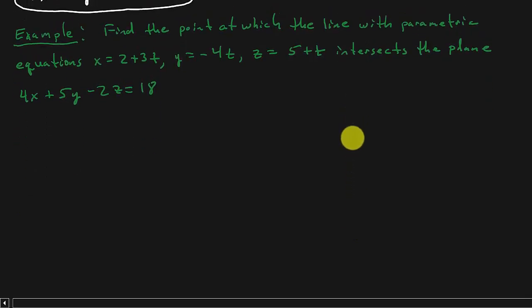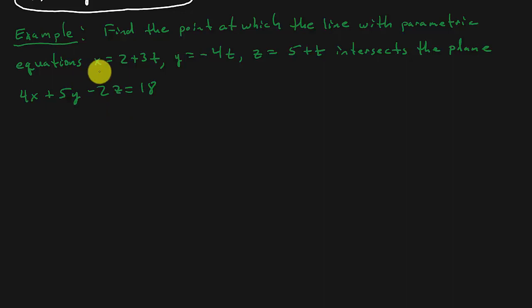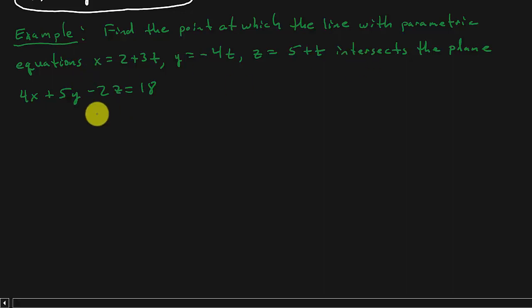All right. So next example, find the point at which the line with these parametric equations intersects this plane. All right, so we're looking for when does this line intersect this plane? When does it go through?